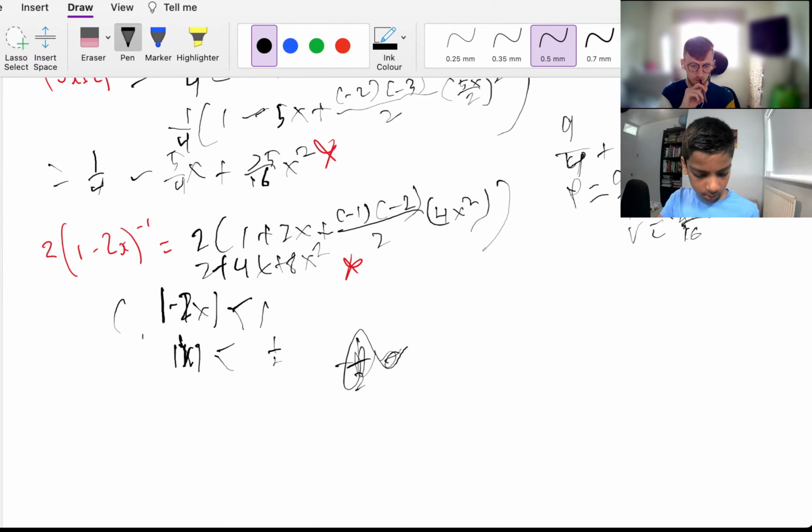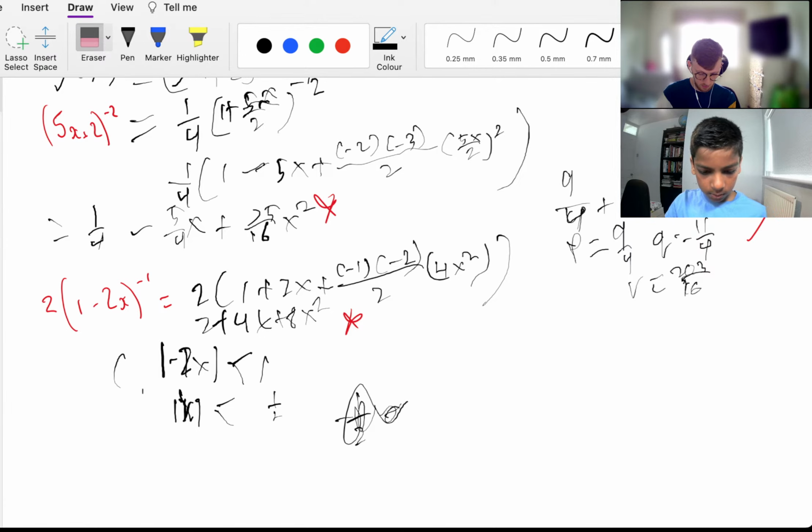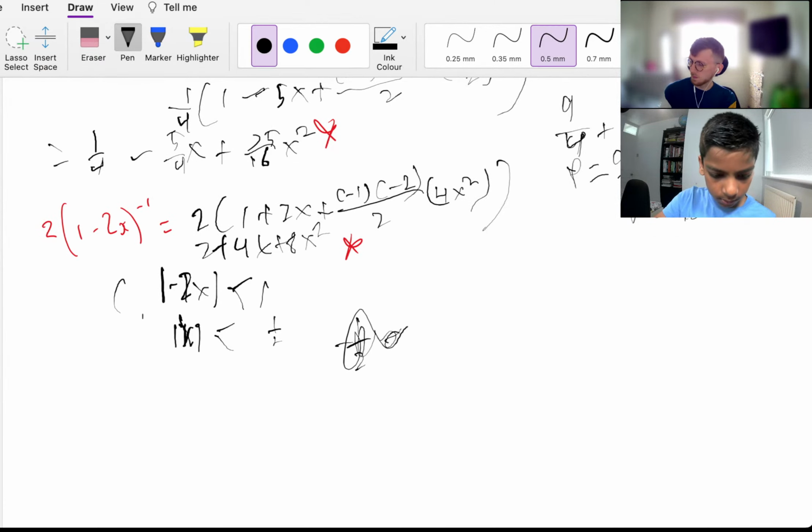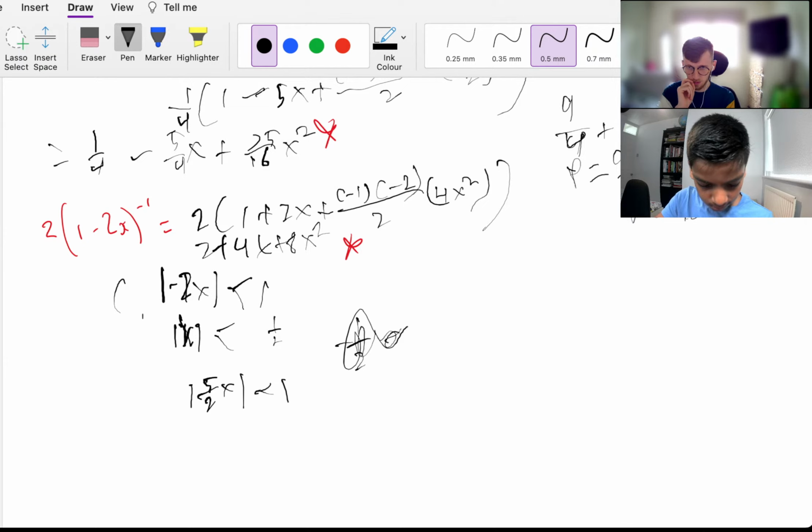So then what we need to do after that is work out the one for 5x over 2. The absolute value of 5x over 2 is less than 1, so the absolute value of x is less than 2/5.